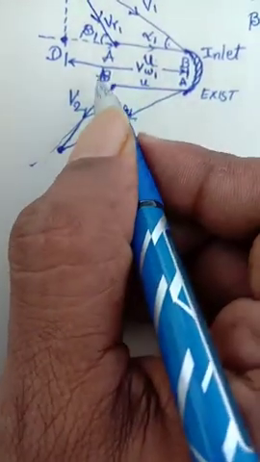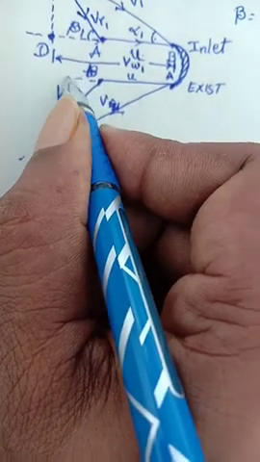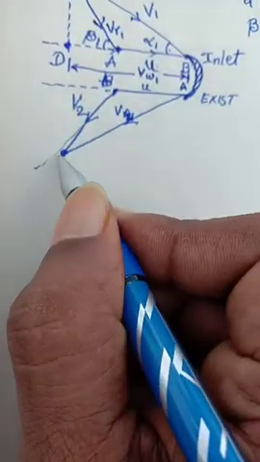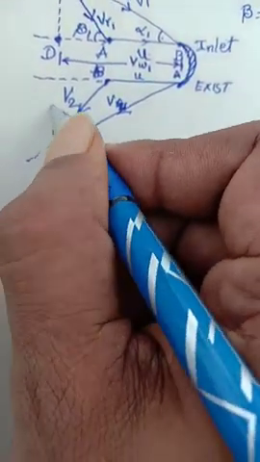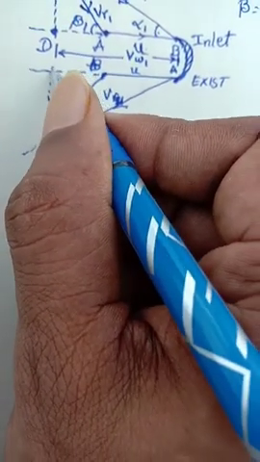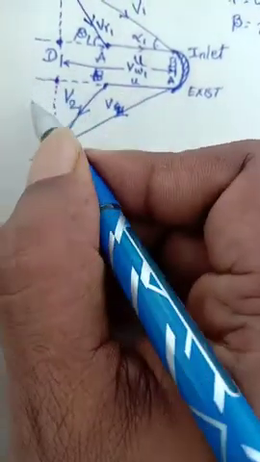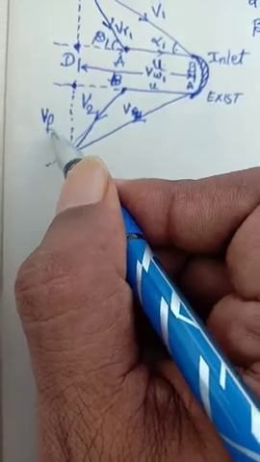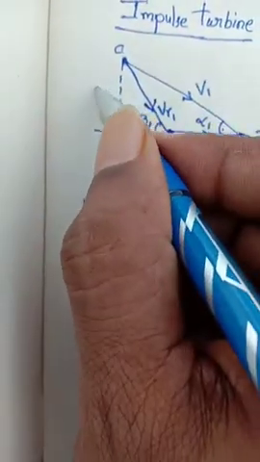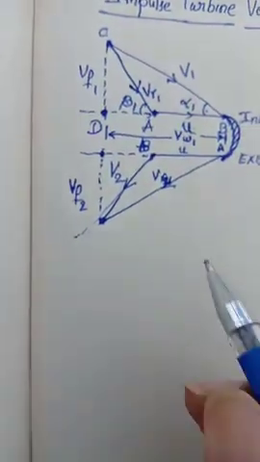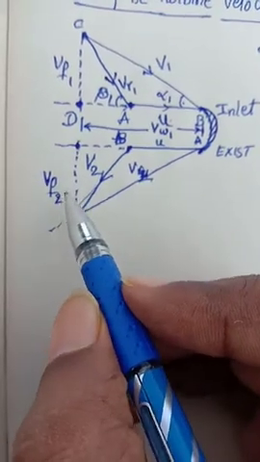Similarly here also we are going to draw one horizontal, one vertical line. Instantaneously it will touch in here. So this is called flow velocity, and this is also flow velocity, VF1, VF2.